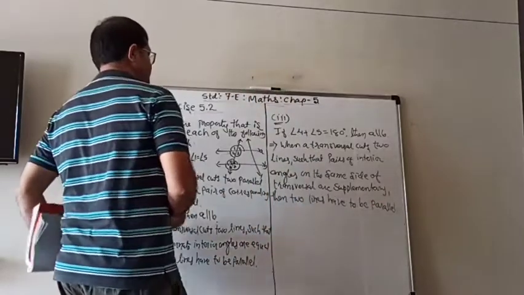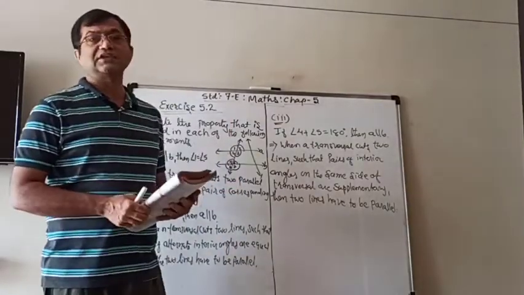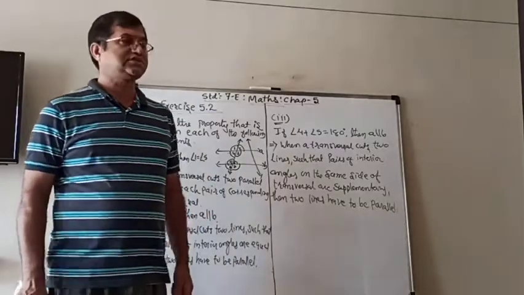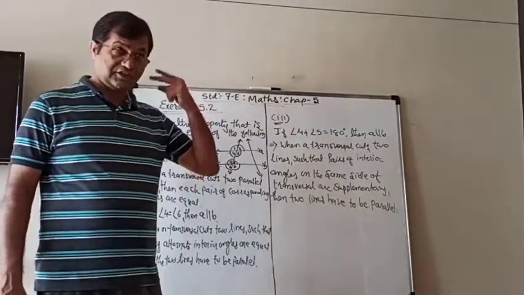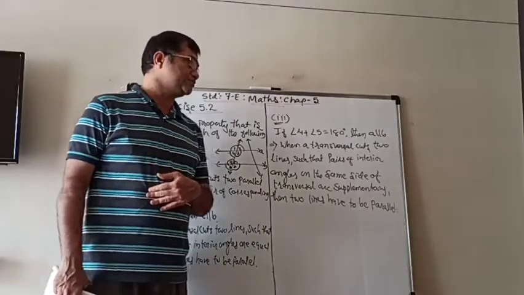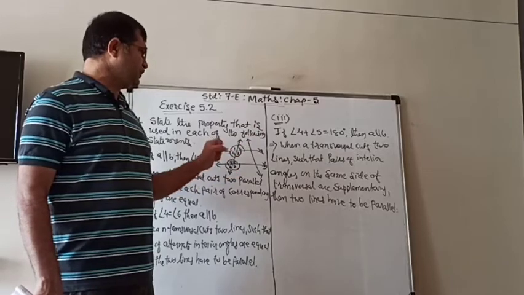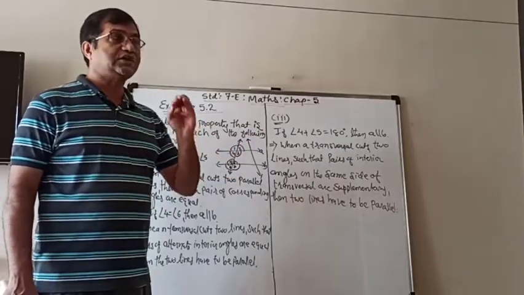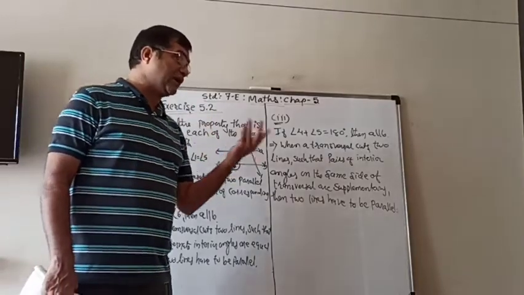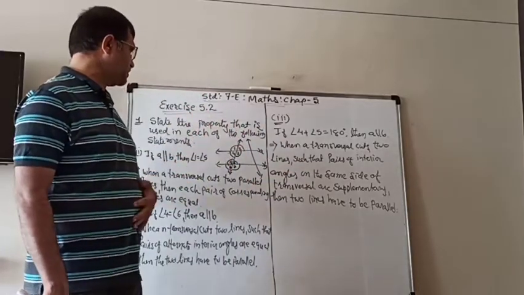So here, if you have all the 6 conditions from the previous session and this session also, if one of the conditions is fulfilled, then we can say that the two lines are parallel, or if they are parallel, then the result is that.